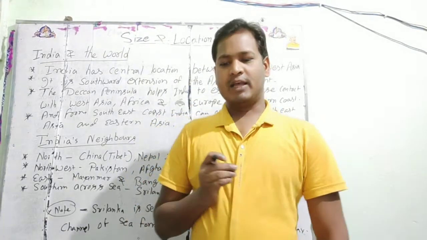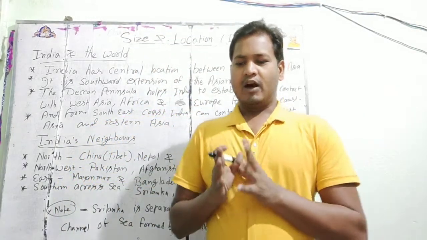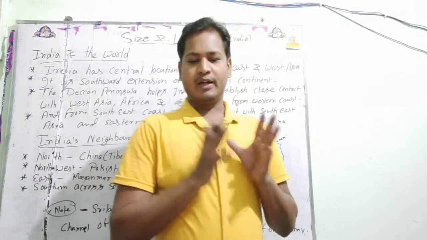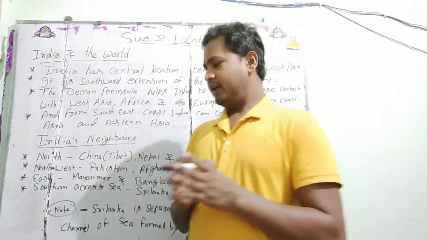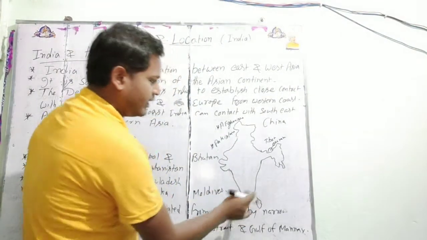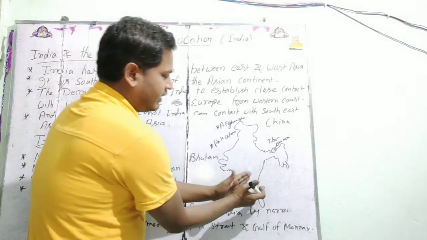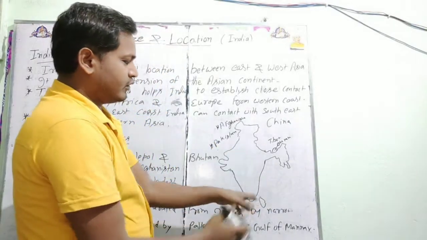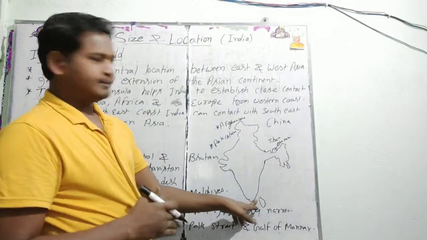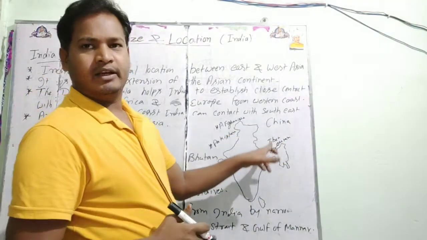Sri Lanka is separated from India by a narrow channel of sea formed by Palk Strait and Gulf of Mannar. You can see this on the map. Here this is Gulf of Mannar and that is Sri Lanka. Sri Lanka and India got separated through this strait.